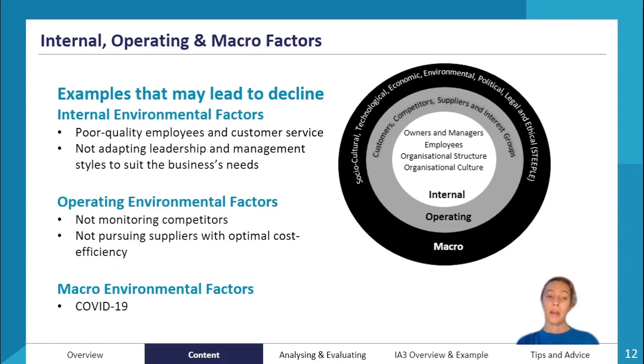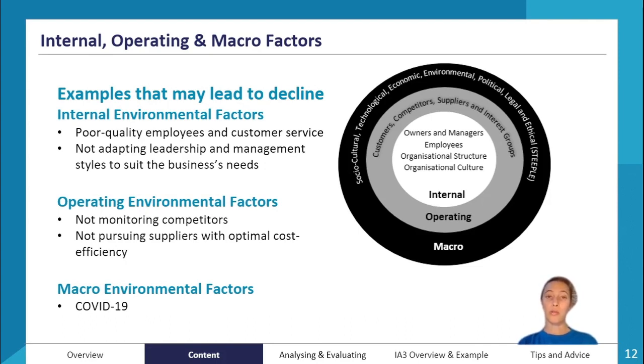Now, macro environmental factors, a classic example that you can probably think of yourself is COVID-19. Heaps of businesses went into administration back in 2020 and beyond because of the changes that resulted from COVID-19.